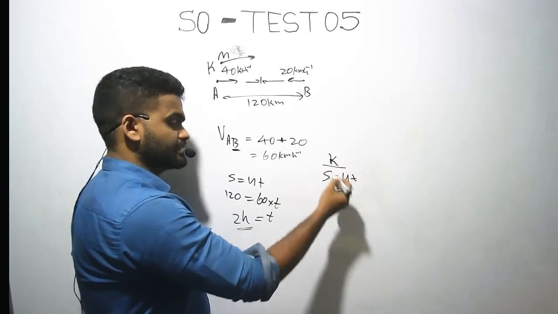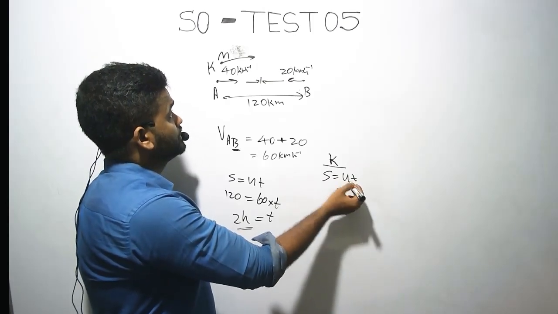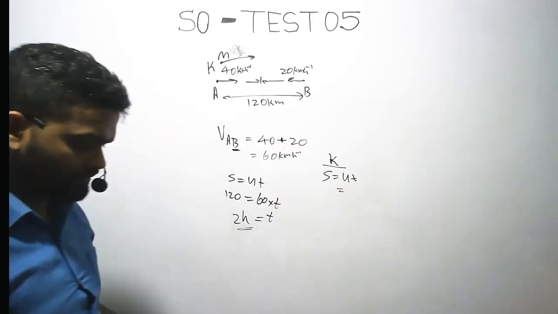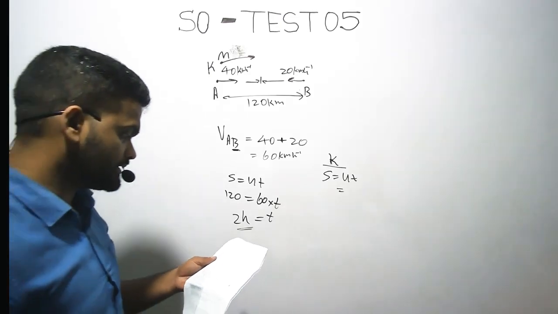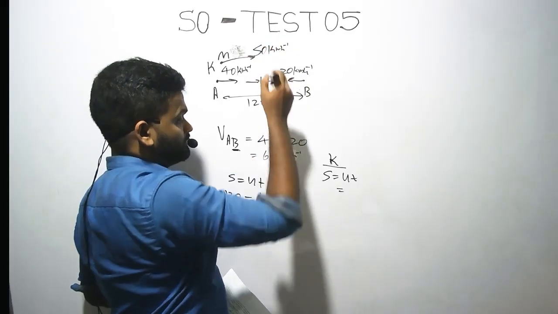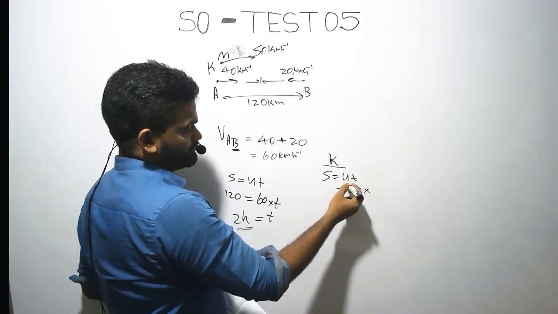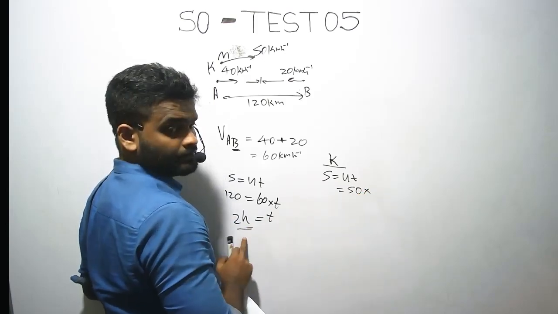I said bird as K. So the velocity of the bird, is it given? It is given as 50 kilometers per hour. So the velocity of the bird is 50. Time, we found, is 2 hours.